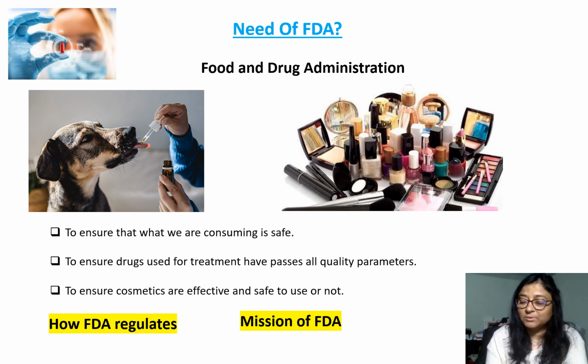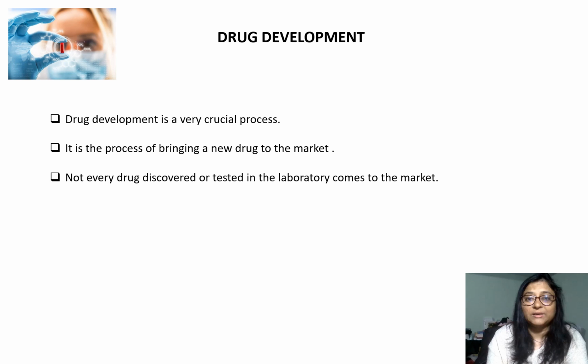Now we will move towards today's topic, that is drug development. So what is drug development? As its name indicates, drug development is basically the development of any new drug. Now one question arises: how does a new drug develop?